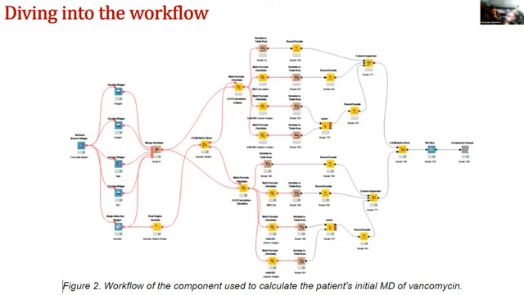The workflow has been made available to everyone on the digital health space on KNIME Hub. So it's shared under a Creative Commons license. You guys can download it and start playing around with it if you want. But this is the single component. This is the maintenance dose calculation.